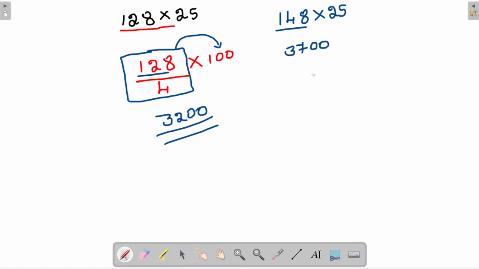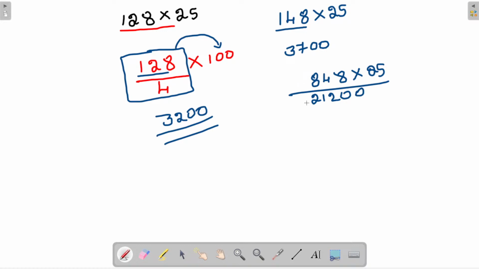Another example, 848 into 25. 800: one time half is 400, one more time half is 200. 48: one time half is 24, one more time half is 12. So 212 into 100. Your answer will be this.